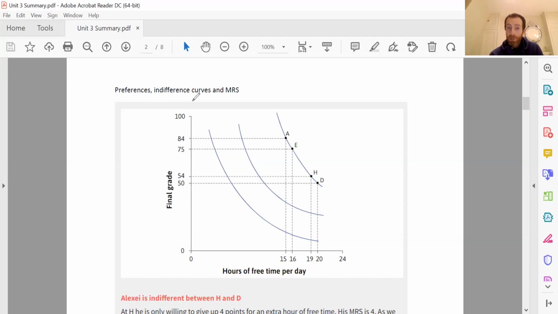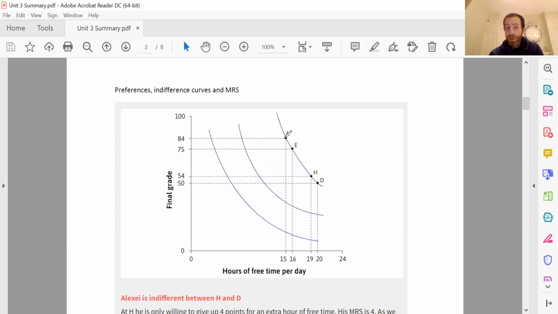Curves which show us combinations of goods, in this case, a combination of a final grade and a number of hours of free time that Alexi would have equal levels of utility from, right? So this blue line here represents one indifference curve.